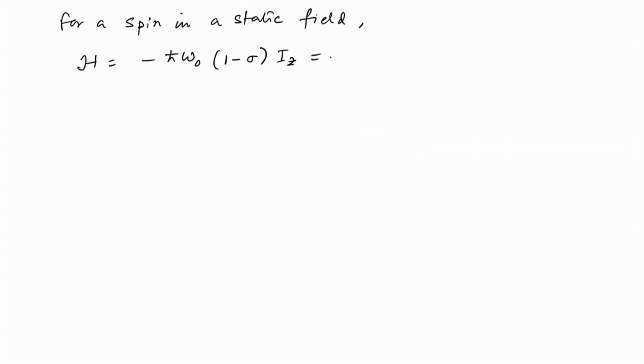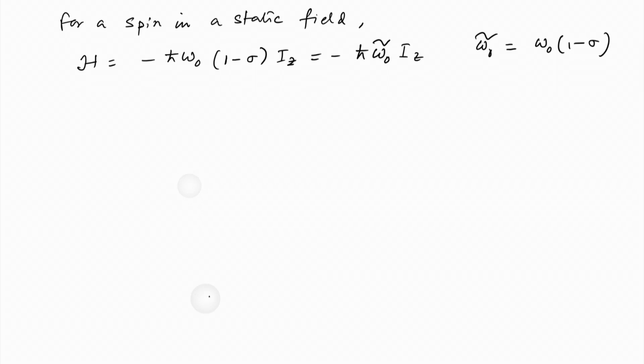Let us write this down as minus h cross omega 0 tilde Iz, where omega 0 tilde is a renormalized frequency, omega 0 (1 minus sigma). So, if I write the Iz with 1 and minus 1 as the diagonal elements, I will get minus h cross omega 0, 0, 0, h cross omega 0, and so on. So, that is the Hamiltonian.